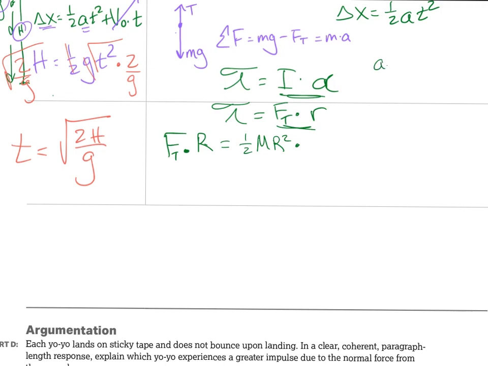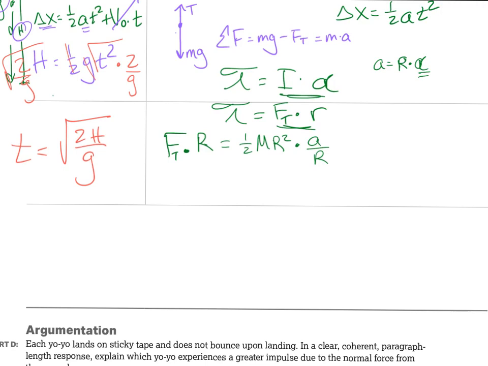We know that linear acceleration equals radius times angular acceleration. So I can use that to solve for alpha. Alpha is just the same thing as saying linear acceleration divided by radius. And the reason we're going to do that is because that gets us this acceleration that we're interested in, to use up here in the formula.